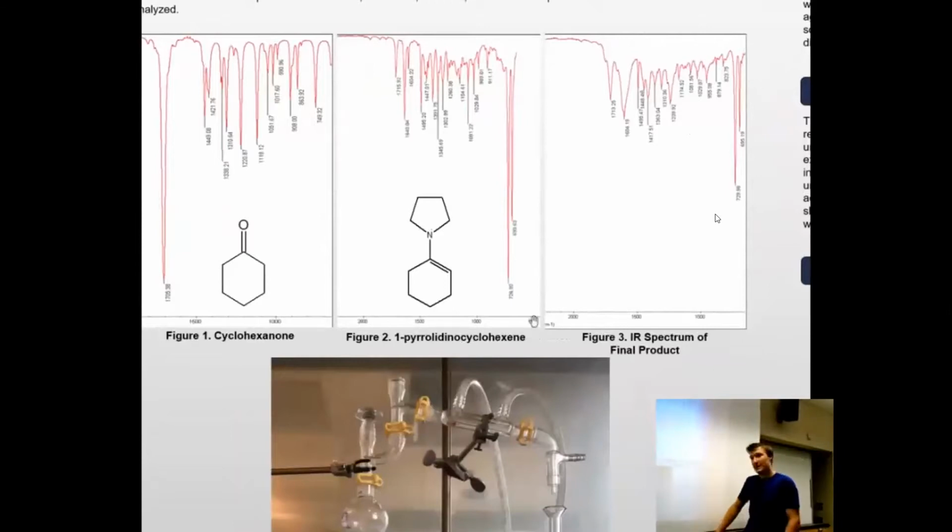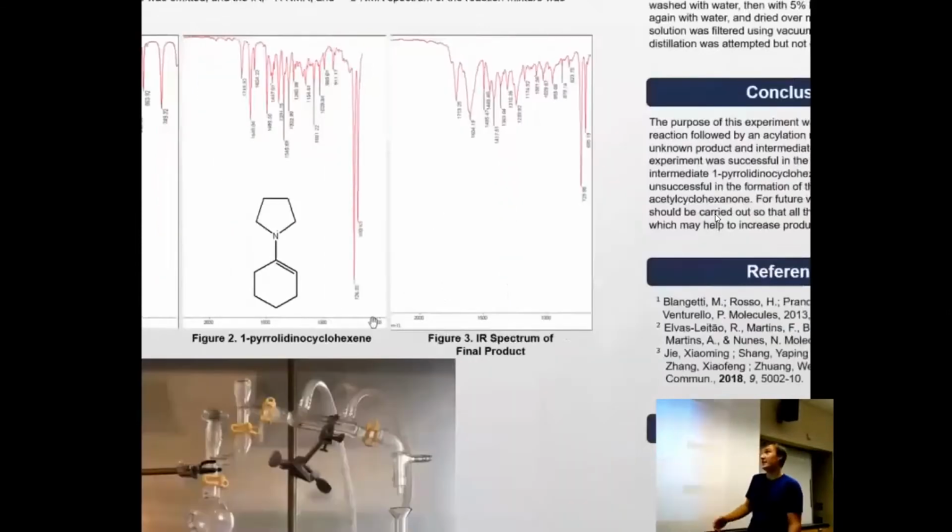And then for the second part of the reaction, we would see the C=O peak reappear. However, they're not shown, so unfortunately the final product was not formed.